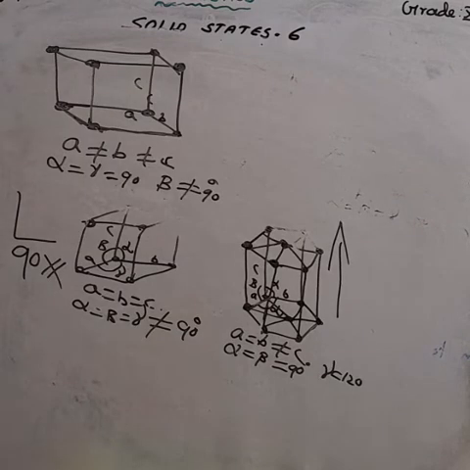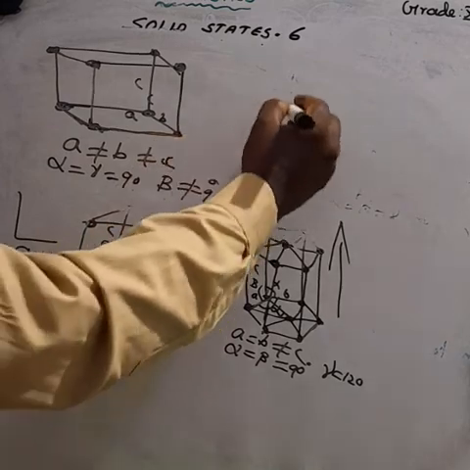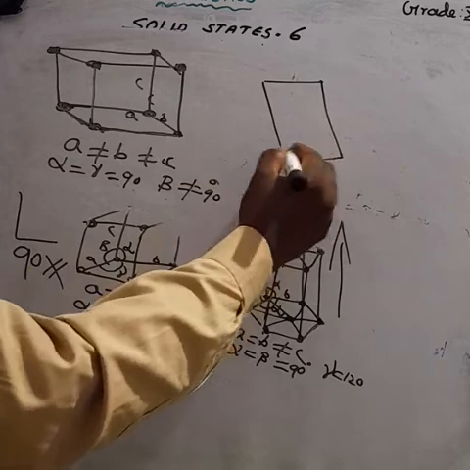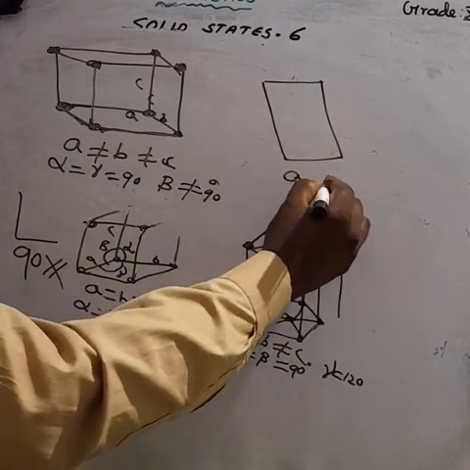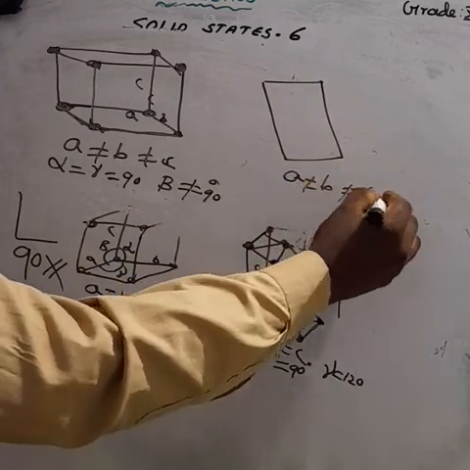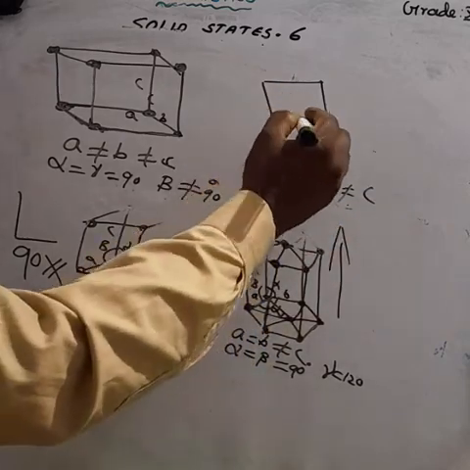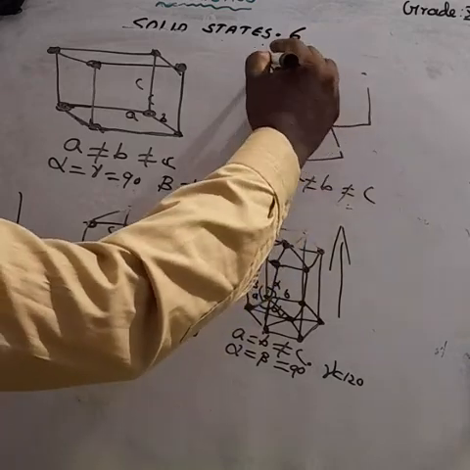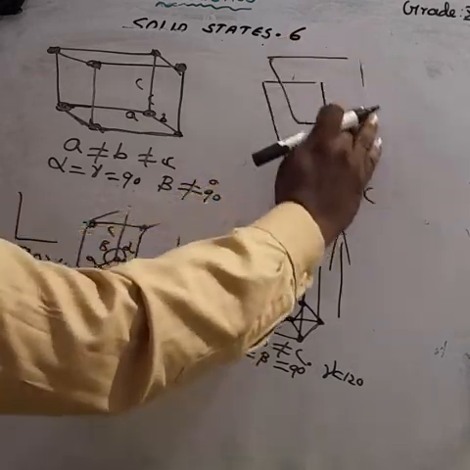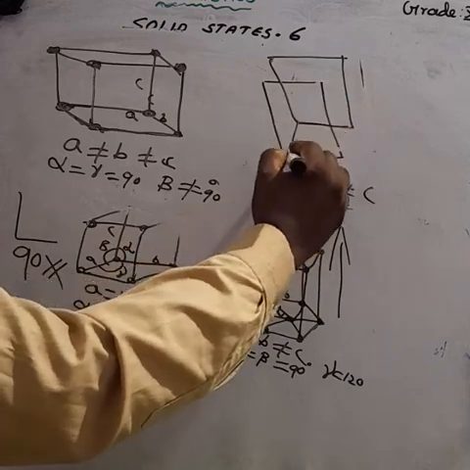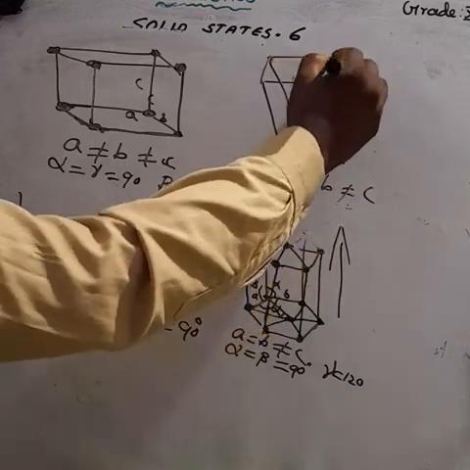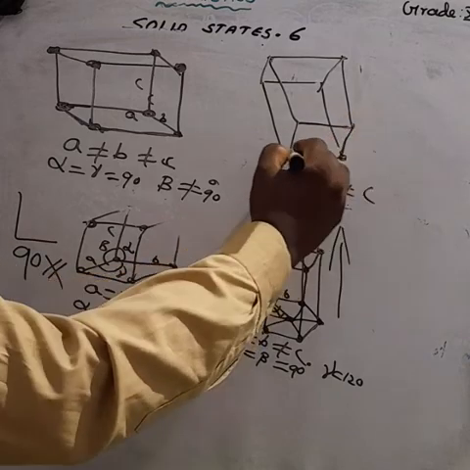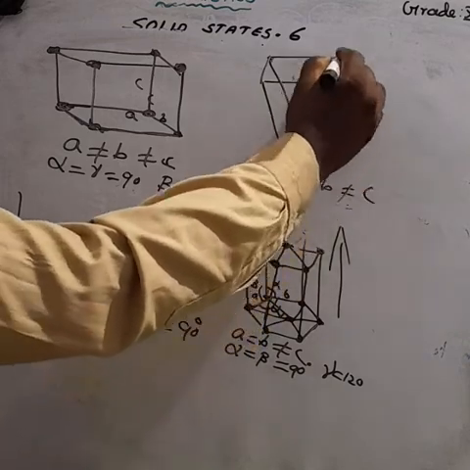The last one about the triclinic. Here A is not equal to B, B is not equal to C. That is a different length. Different length and also we have different angles.